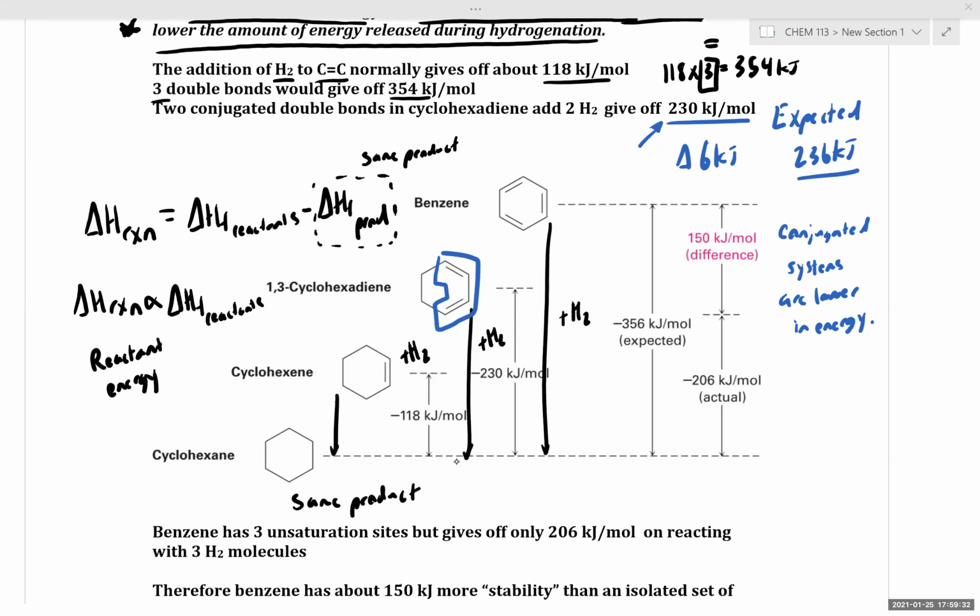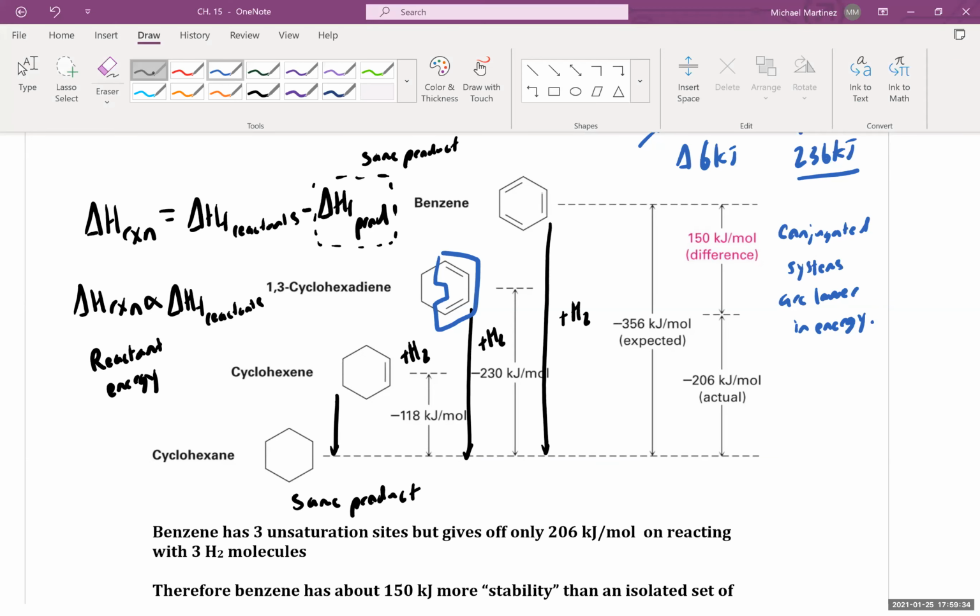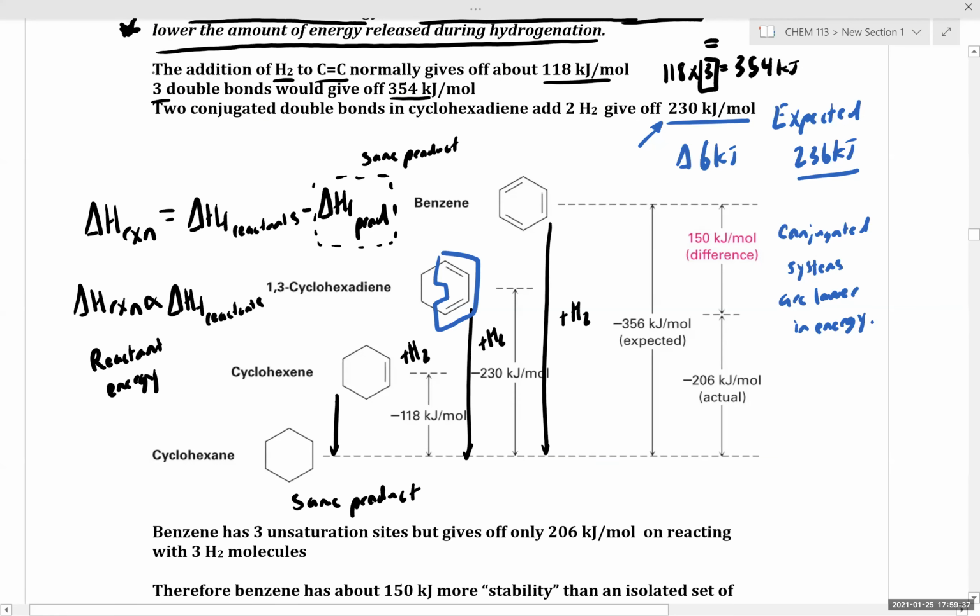Okay, so let's look now at an aromatic system. Well, benzene has 3 unsaturation sites. It has 3 carbon-carbon double bonds, but it only gives off 206 kilojoules per mole of energy. We expect if we hydrogenated 3 isolated alkenes, we would expect 356 kilojoules per mole of energy to be released.